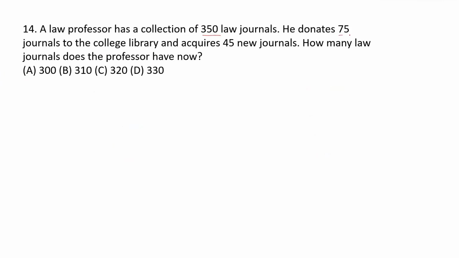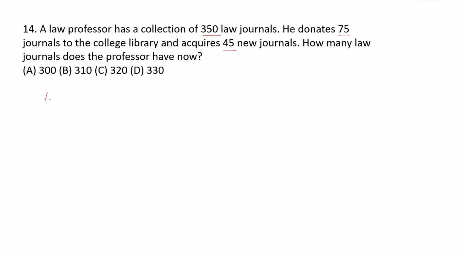Next problem. A law professor has a collection of 350 law journals. He donates 75 journals to a college library and acquires 45 new journals. How many law journals does the professor have now? So in total he had 350. Out of 350, he donated 75 to a college and acquired 45 new. So how much does he have? So this minus this plus this.